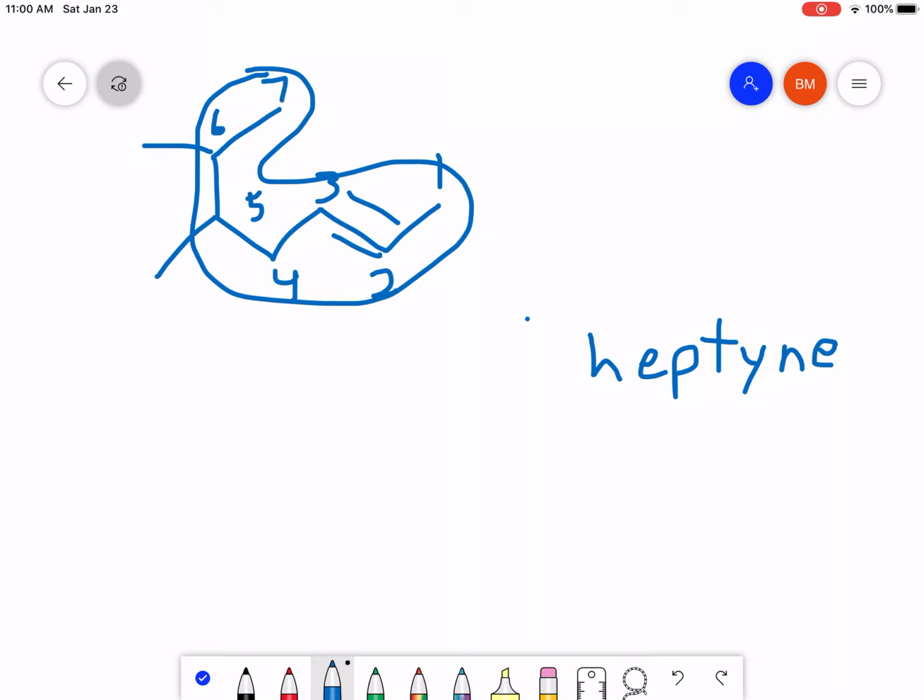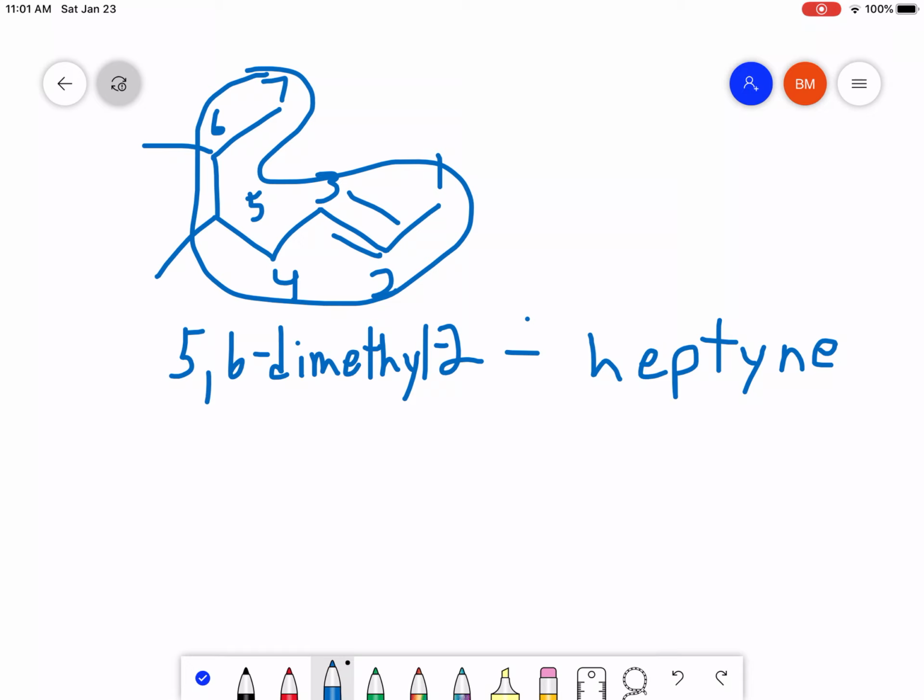You have to describe where you introduce your triple bond, just like with alkenes. Our triple bond first appears at carbon number 2. So that would be 2-heptyne, and then you put in your substituents. Looks like we have methyls at 5 and 6, so this would be 5,6-dimethyl-2-heptyne.